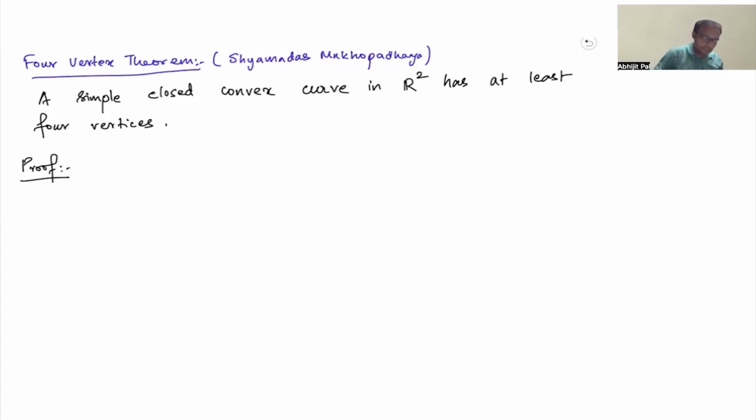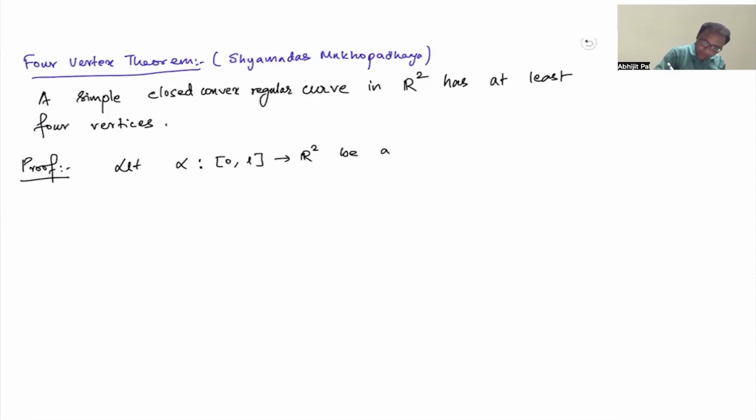So how do you prove this? Let alpha be a simple closed convex curve. Since it is convex, it will also be regular.